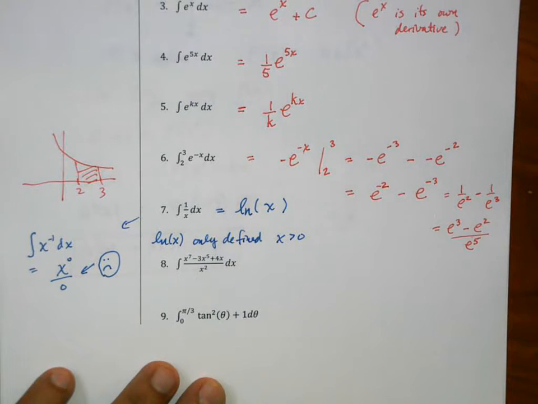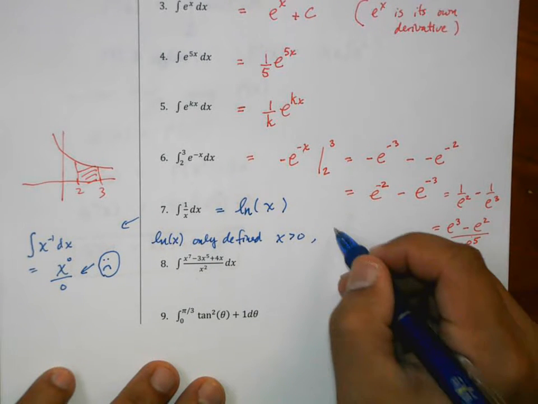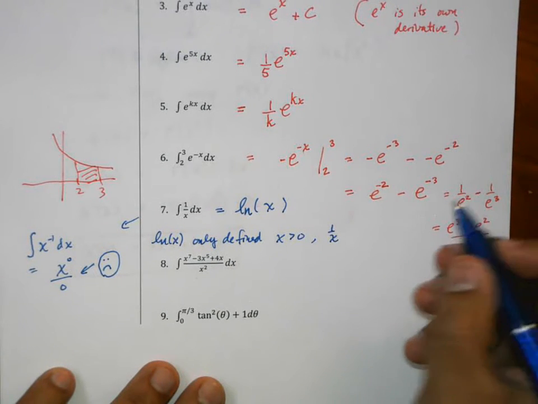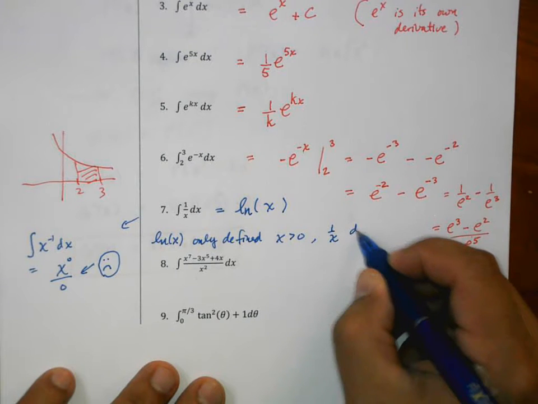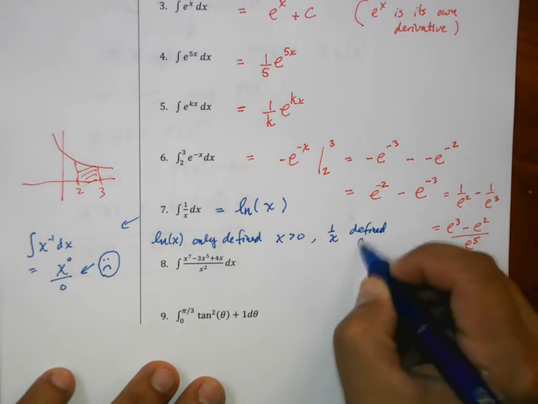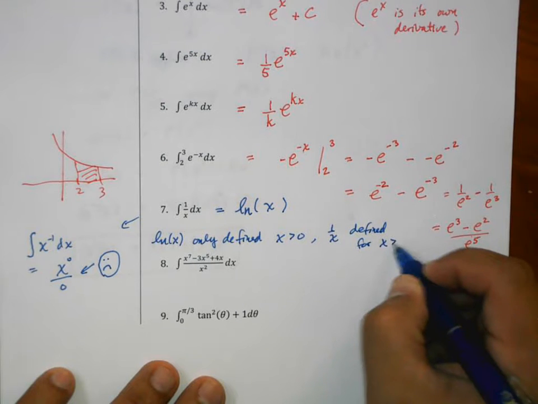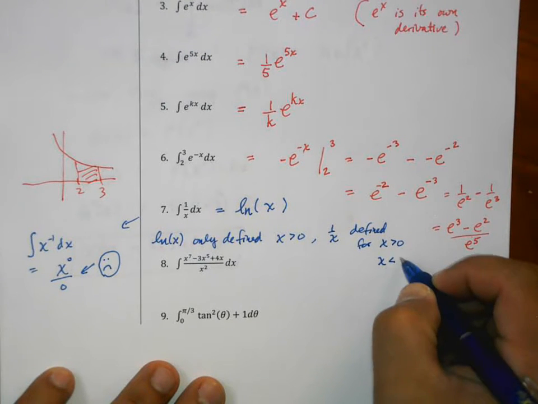Okay. So 1 over x is defined for x greater than 0 and x less than 0.